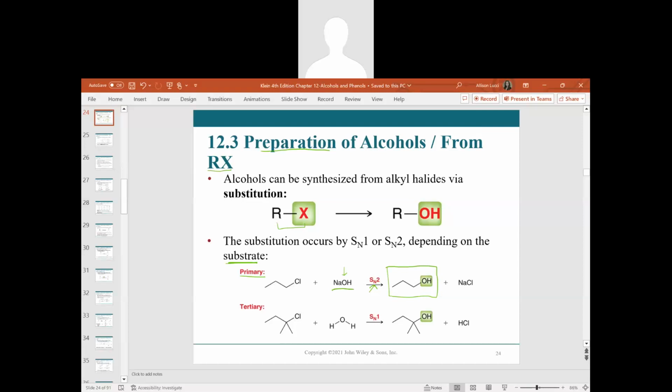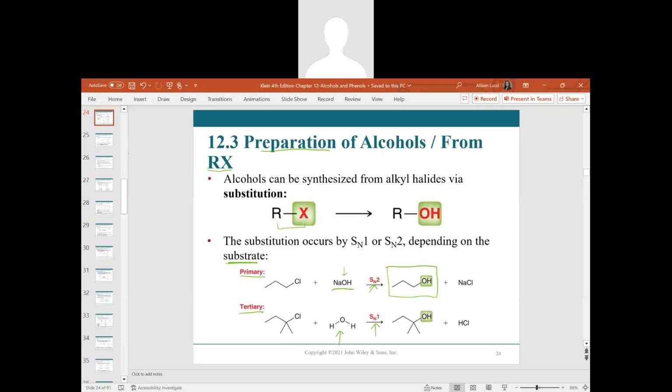If we had a tertiary substrate, we know that we can use a weaker nucleophile, something like water here, and with the tertiary substrate, we follow the SN1 mechanism.